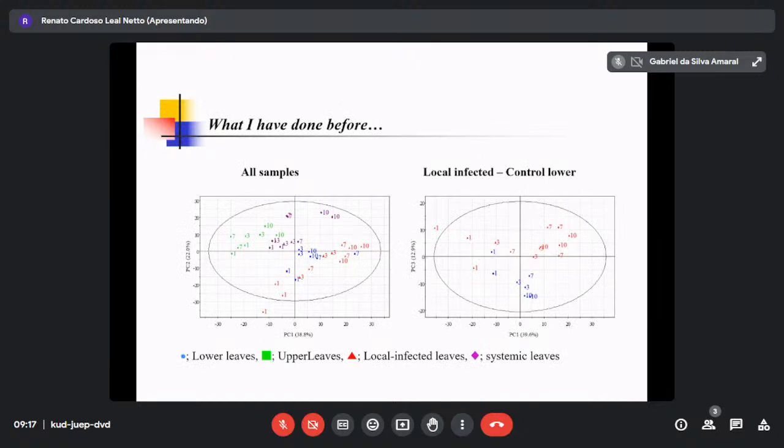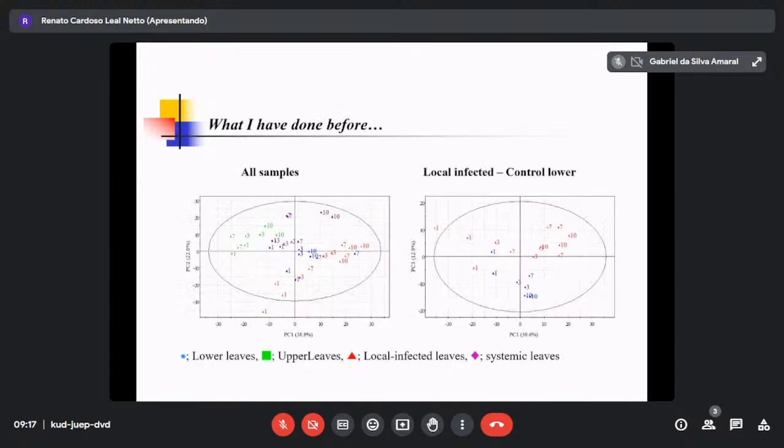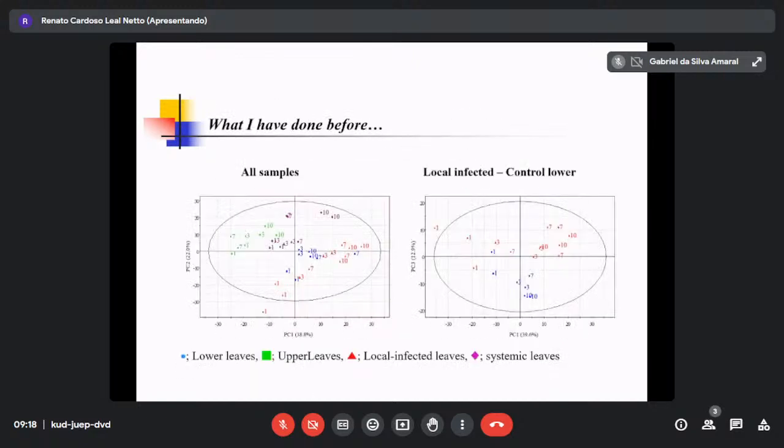So now I want to see only local leaves and lower leaves, which means I take out the systemic leaves. So locally infected leaves, and now healthy leaves here. Now it's separated. Right? Separated, but across 1 day, 3 days, 7 days, 10 days.